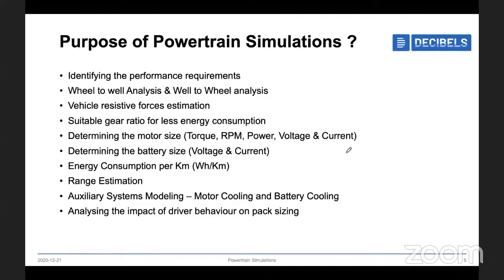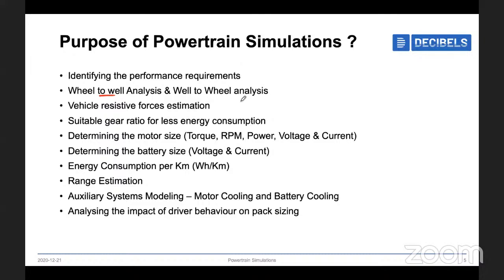First we have to identify the performance requirements, and then go with these powertrain simulations. We can do wheel to well analysis and well to wheel analysis. The wheel to well analysis is said to be sizing, and the well to wheel analysis is said to be the performance analysis.